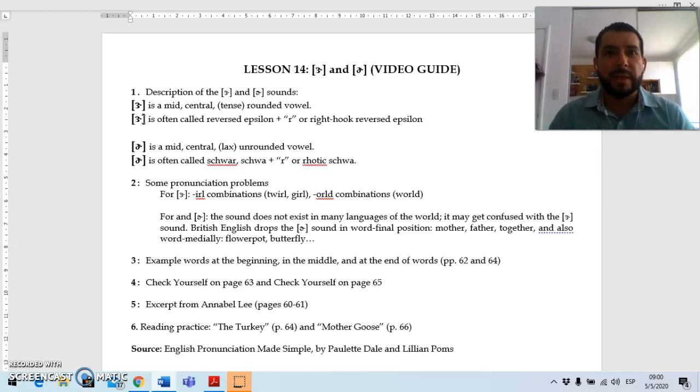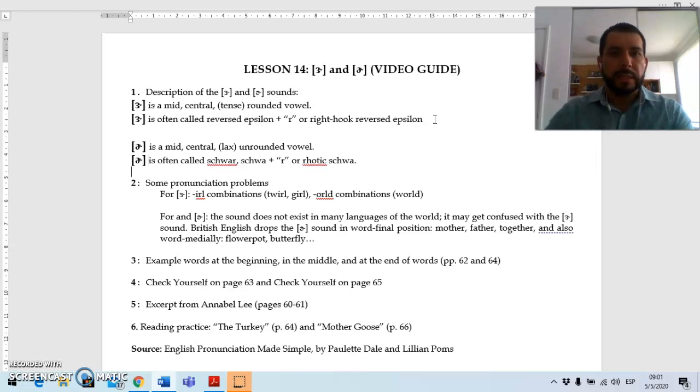And it's also called a right hook reversed epsilon, as you can see here. If these names sound too technical for you, just call it reversed epsilon plus R, because I know that right hook reversed epsilon is probably longer. This one here, the unstressed one, is a mid-central unrounded vowel, like I said, and it's often called schwa or schwa plus R, or if you want to sound fancier and more technical, it's called a rhotic schwa.